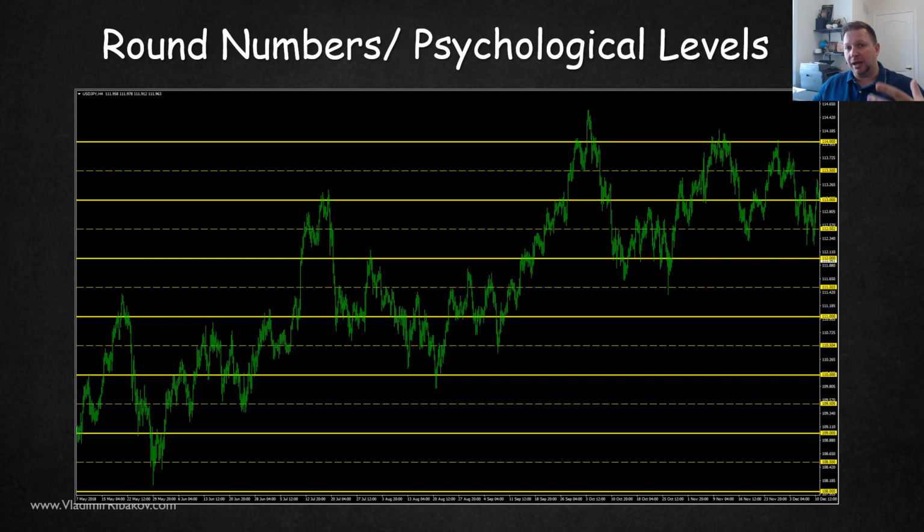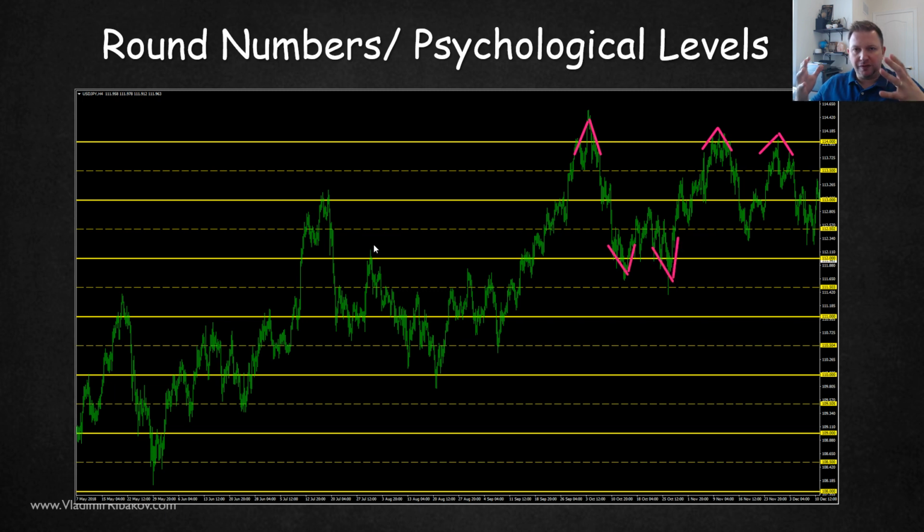One of the most common approaches to using such levels is to find fake breakouts on them. So when the price comes and tries to break above or below a psychological level and fails, you would normally see a big reaction there.